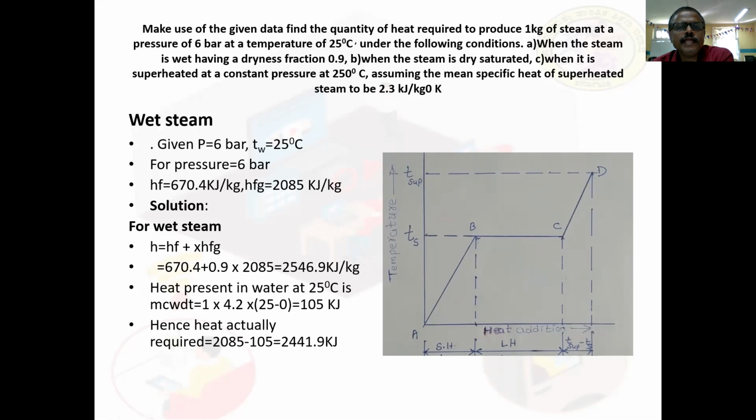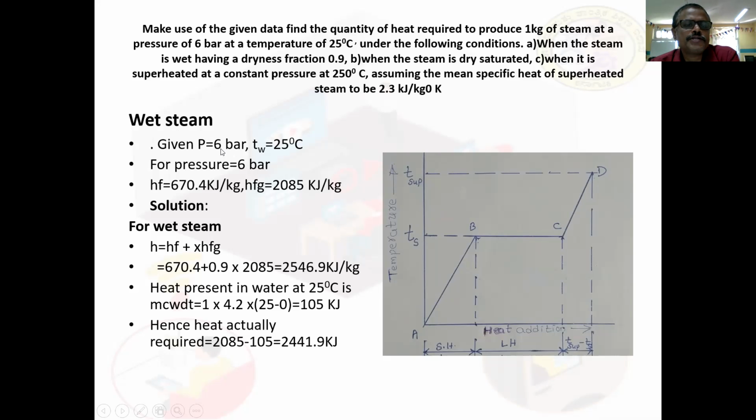In all those three cases, you are finding the quantity of heat required to produce the given quality of steam. That's all. So we will solve it here. This is the graph which we are referring to again and again, even for solving the problems. So let us start. What is the quantity of heat required to produce wet steam? Let us write the data.